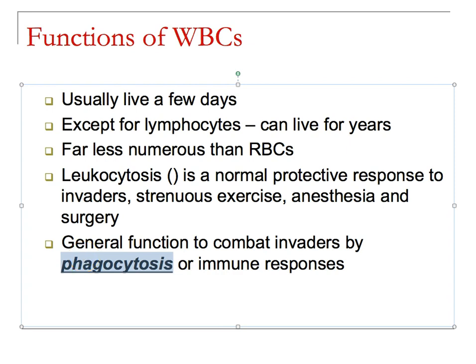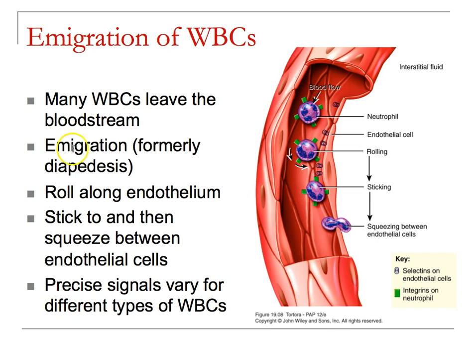For now, what we're going to do is switch to how they get around the body. I mean, how do you get these white blood cells inside the circulatory system to travel to peripheral tissues? And we call this emigration. Okay? They can leave it. Older textbooks would call it diapedesis. Okay? What you have here is there should be plasma around here. And what you can see is there's a series of recognition steps.